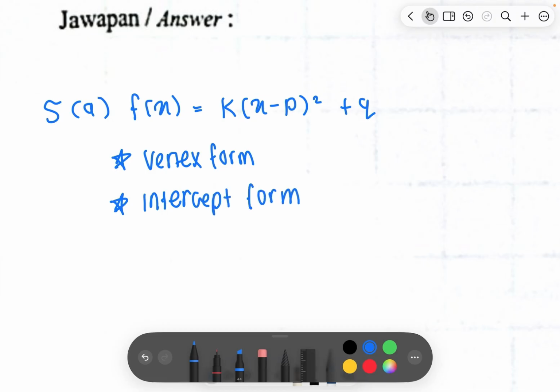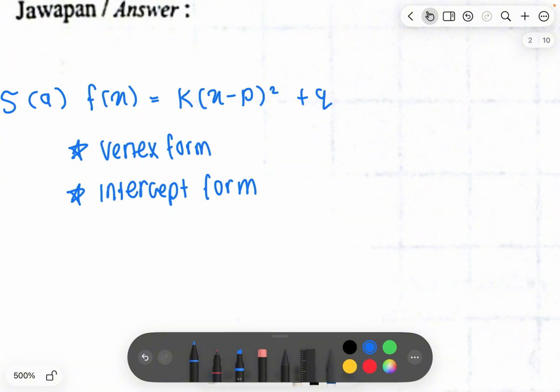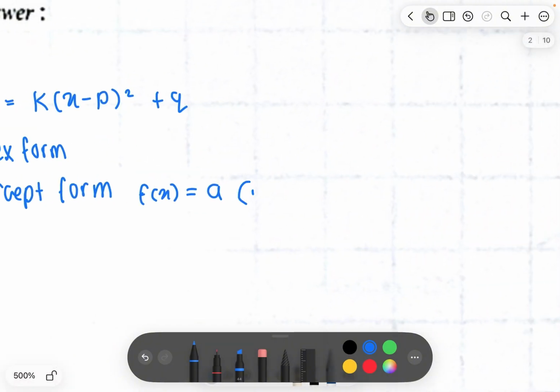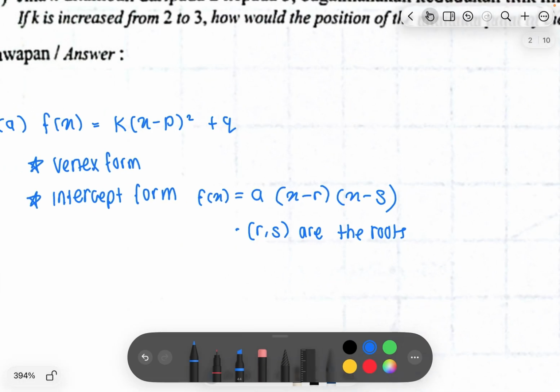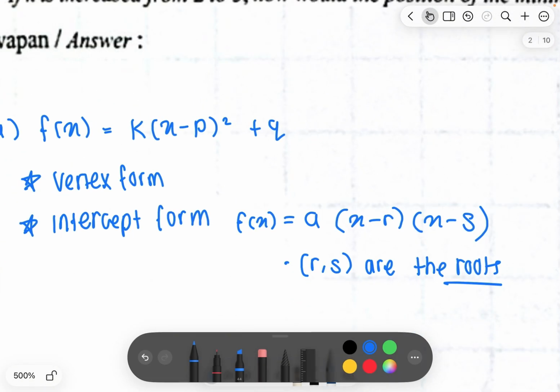If intercept form, it would be f(x) is equal to a(x minus r)(x minus s), and r and s are the roots of the quadratic equation. Okay, so they're the roots. Kalau vertex form, it would be f(x) is equal to a bracket x minus h squared plus k.